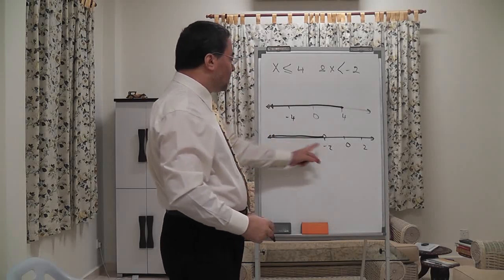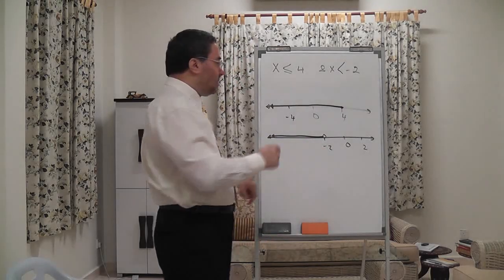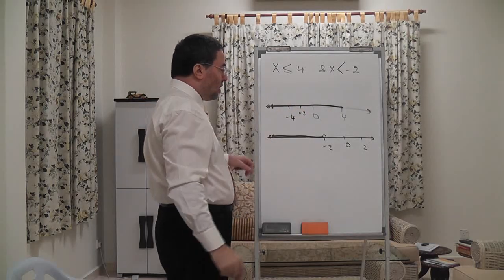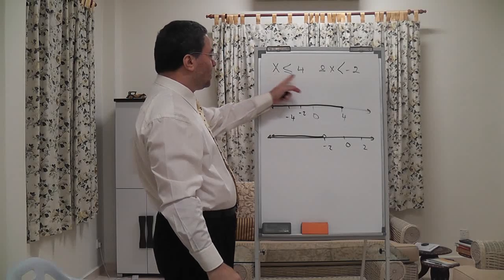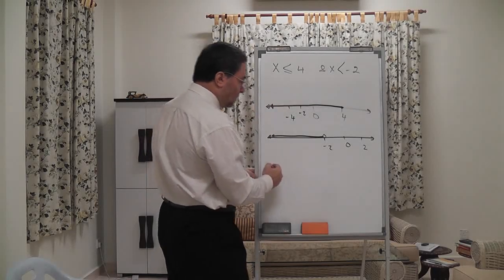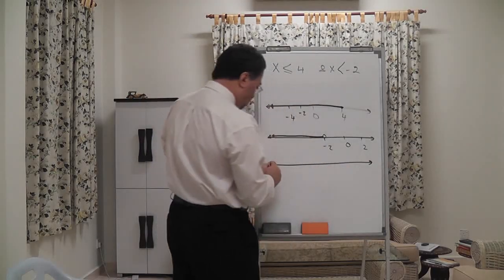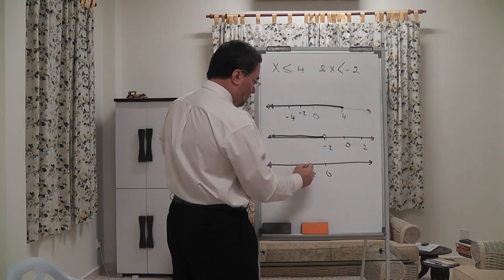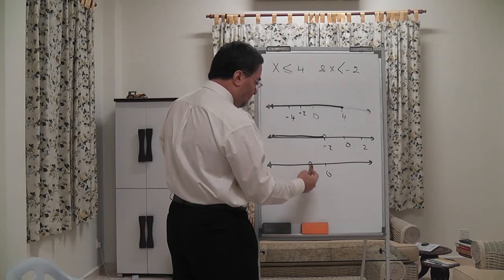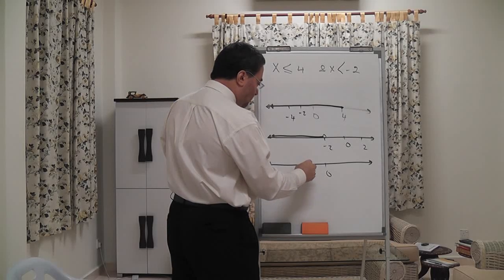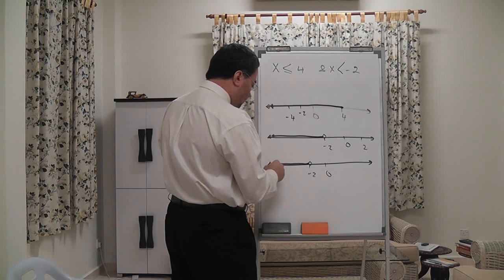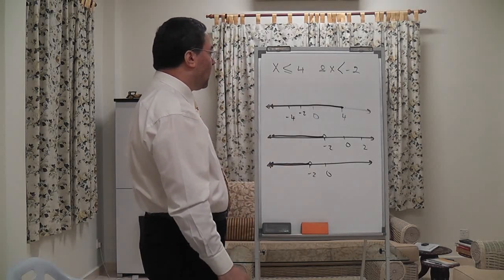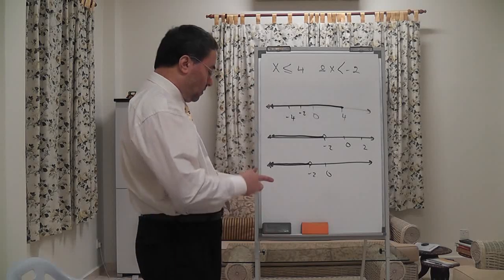You can see that this set lies within the bigger set, which is this one. Here is minus 2. So the final answer for this conjunction is this. Open circle here. And this will be the answer for this conjunction.